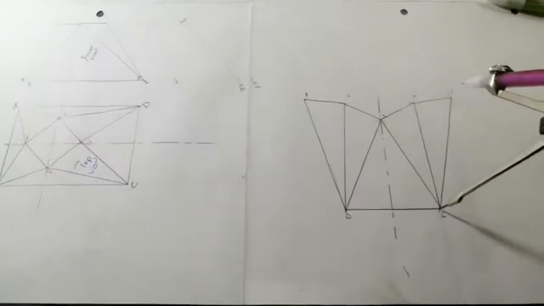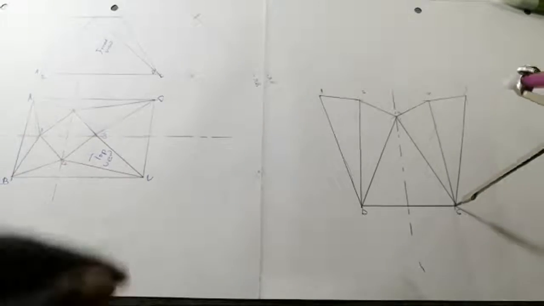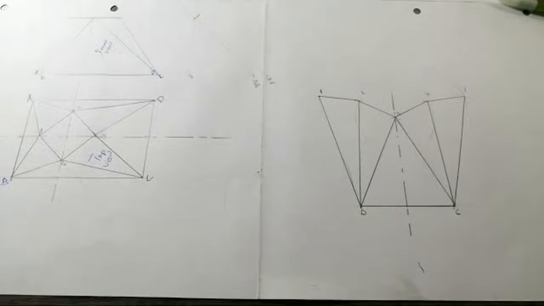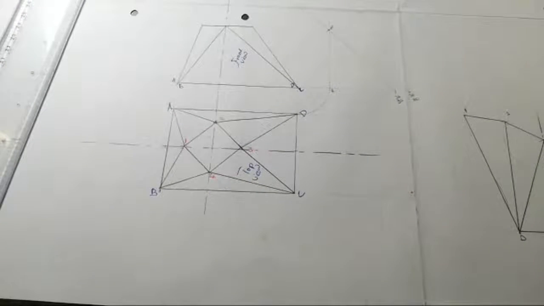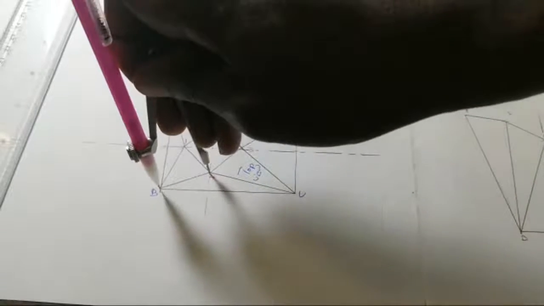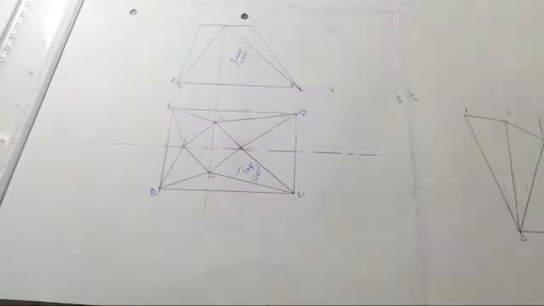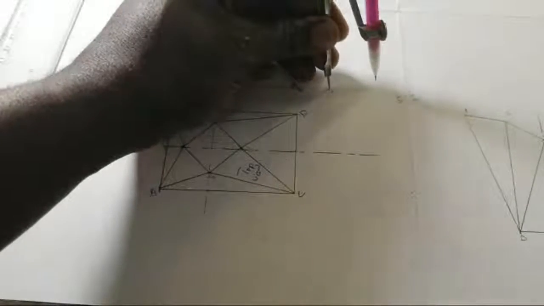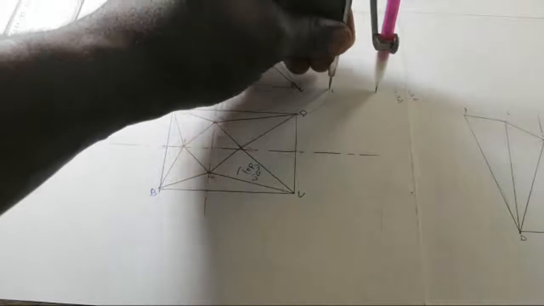But now, remember, we are looking for the bottom part now. Now, place it at 4 to B. 4 to B. This one, you have to convert it. Now, convert it.